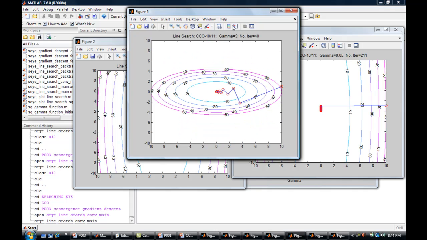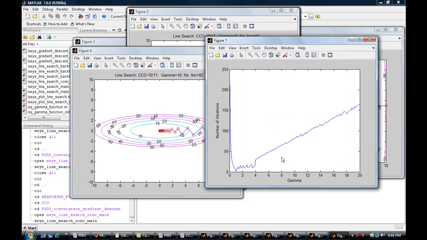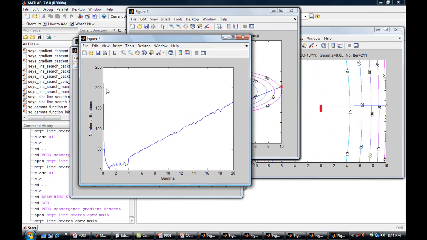And as we increase the gamma, for gamma 5 the number of iterations are 40, and for gamma equal to 10 the number of iterations are 82. And this is the final curve showing the number of iterations versus the gamma. When gamma is 0.05 the number of iterations are 211, and as we take gamma equal to 20 the number of iterations are nearly 175 or 160.